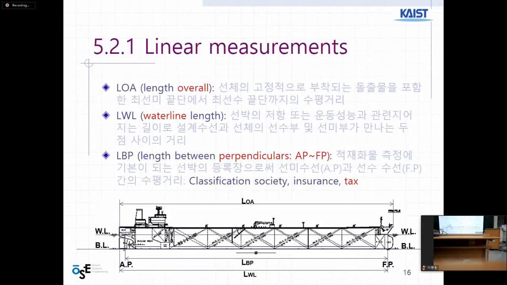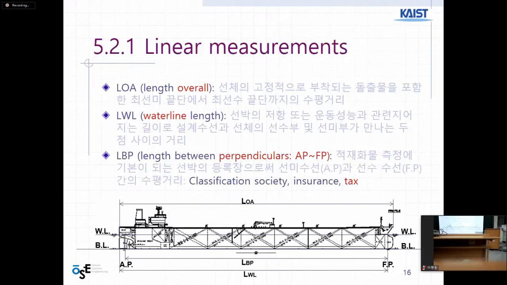Why? Because they construct the ship based on this length. And they usually divide this length into about 20 stations, and then also more, say, 150 or 200 divisions.